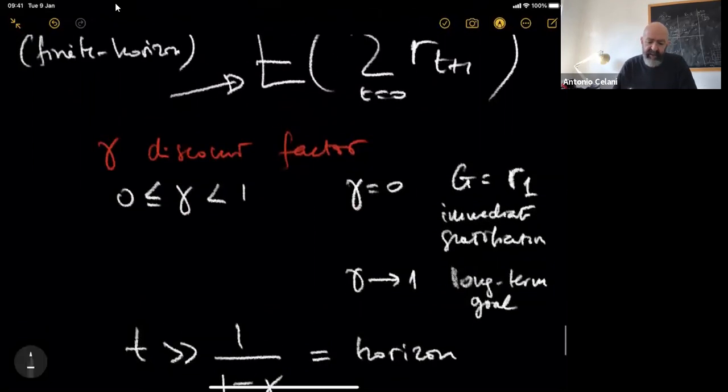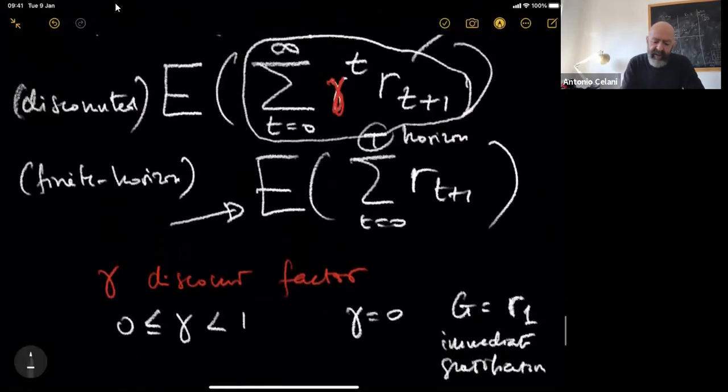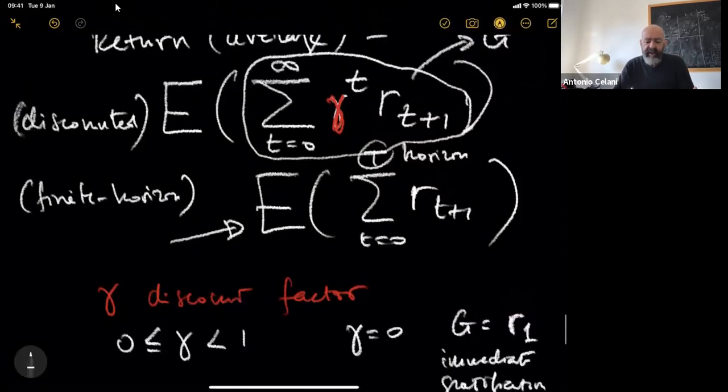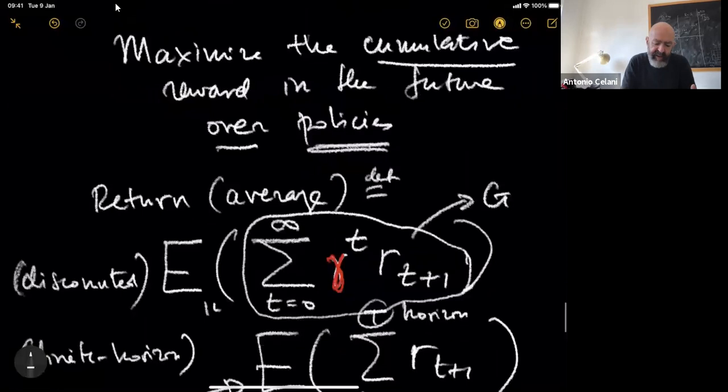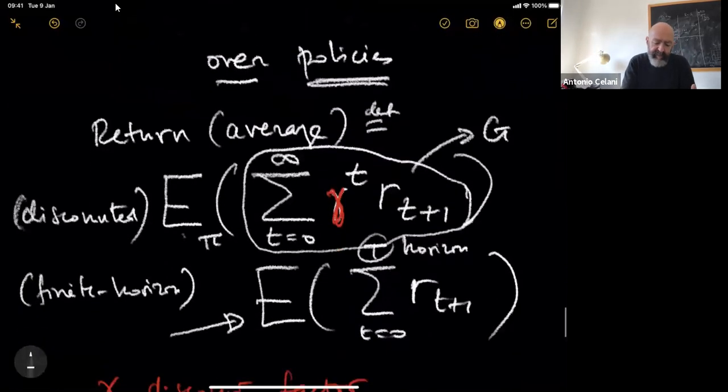Okay, so clearly this object here that we want to optimize depends on the policy, because the choice of the actions affects the choice of the rewards. And therefore, it makes sense to ask how to maximize this thing with respect to policies. So formally, this expectation depends on the P's and on the pi's.